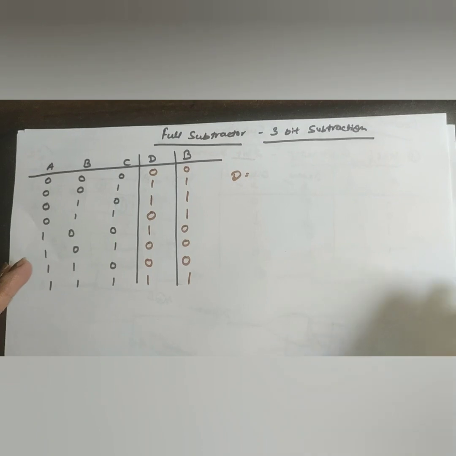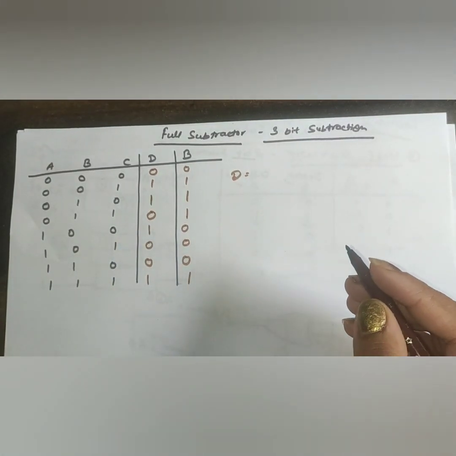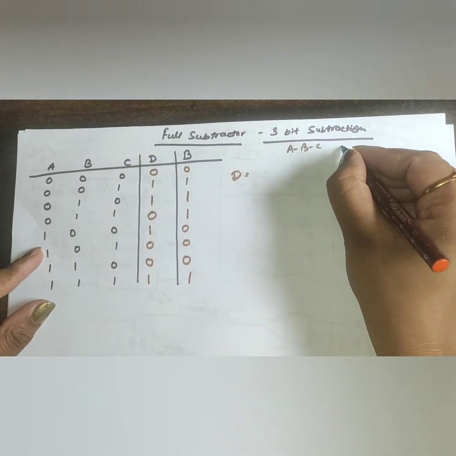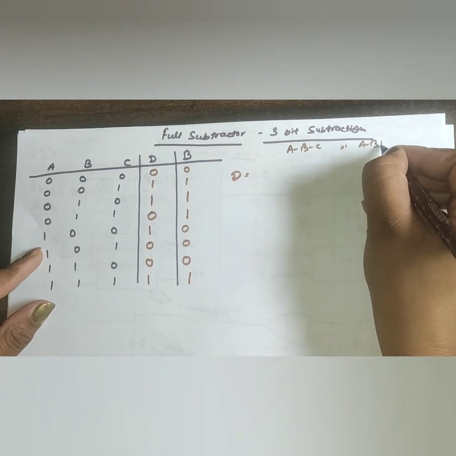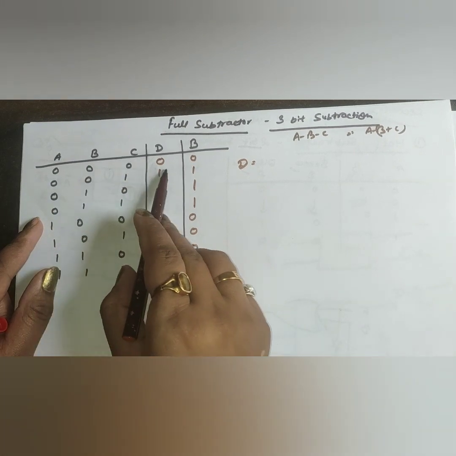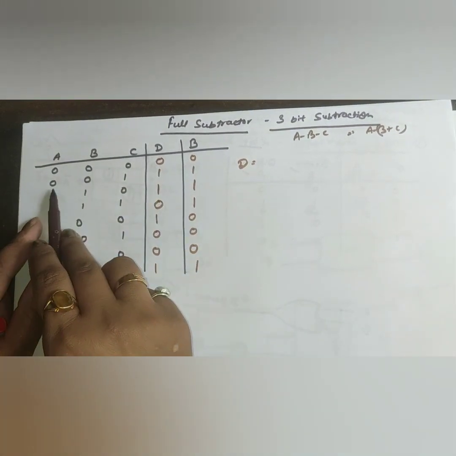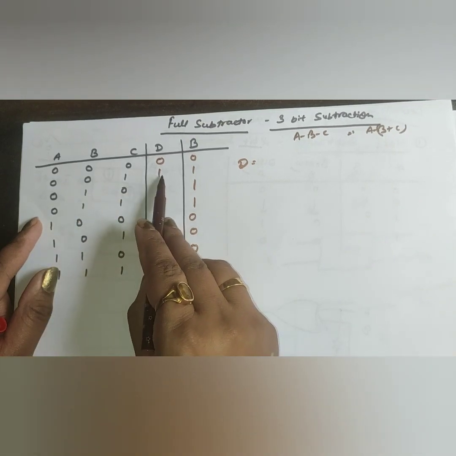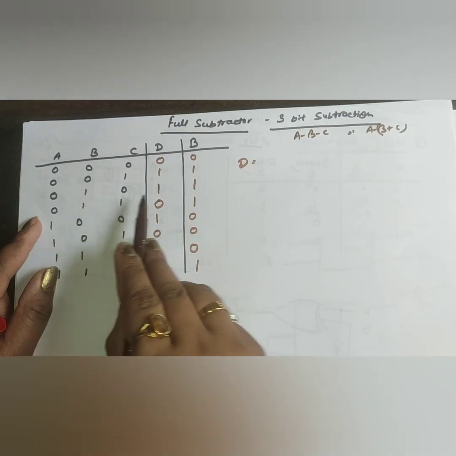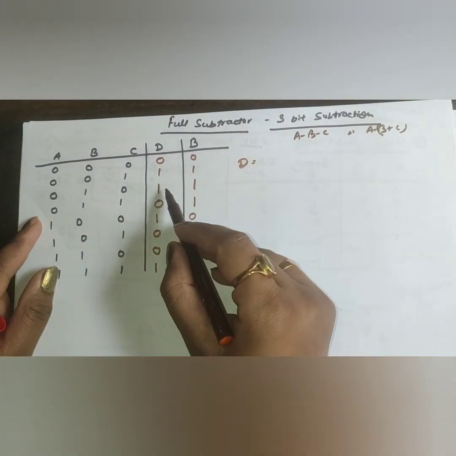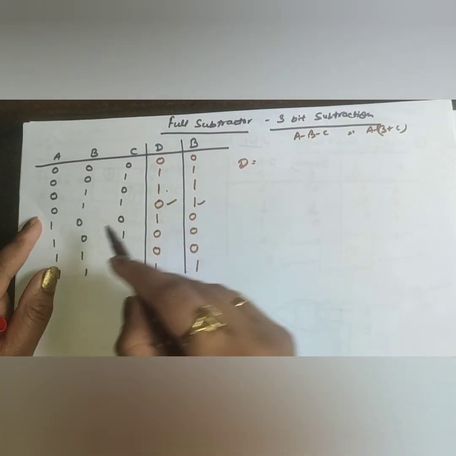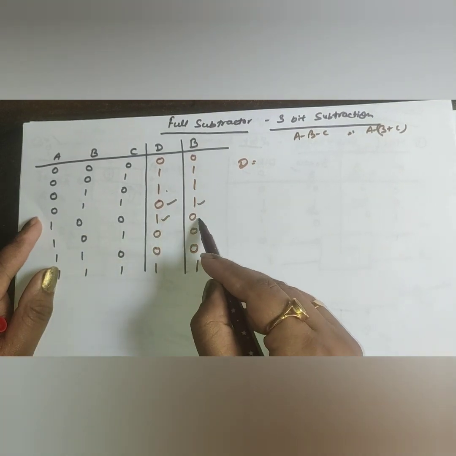The full subtractor is a 3-bit subtractor, and it will be like A minus B minus C. Now you can see 0 minus 0 minus 0: difference is 0, borrow is 0. 0 minus 0 minus 1: difference is 1, borrow is 1. 0 minus 1 minus 0: difference is 1, borrow is 1. 0 minus 1 minus 1: difference is 0 and borrow is 1. 1 minus 0 minus 0: difference is 1 and borrow is 0.